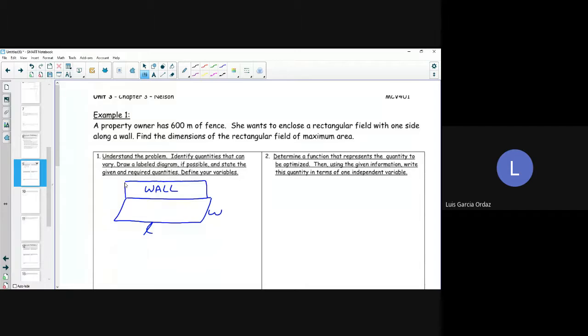So we know our perimeter is 600. Perfect. So what would an expression for our perimeter be using the given variables that we have? 600 is equal to 2W plus L. Perfect.